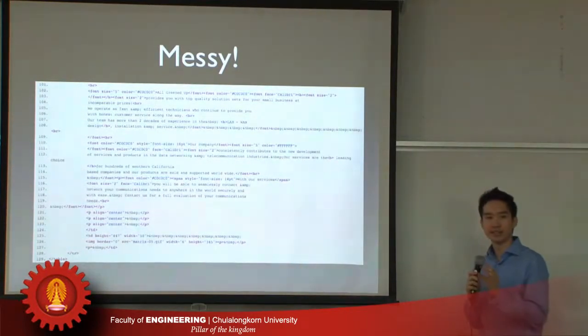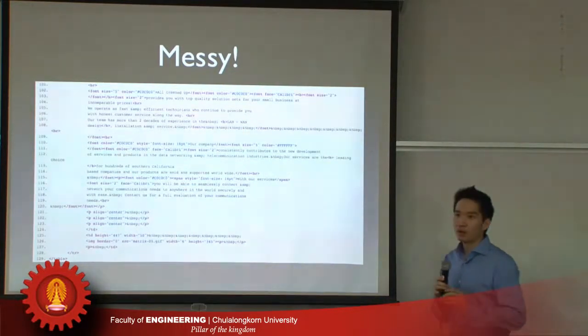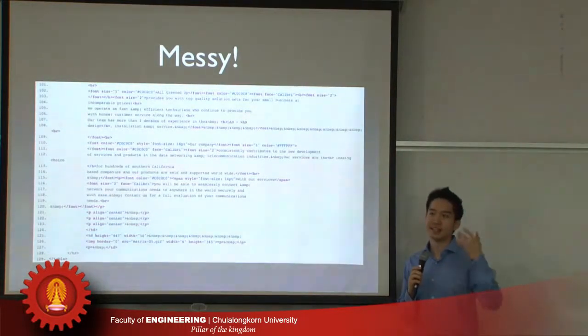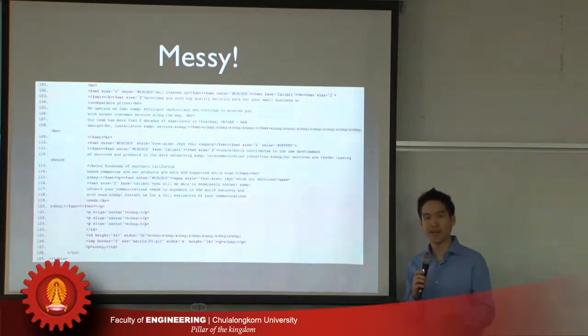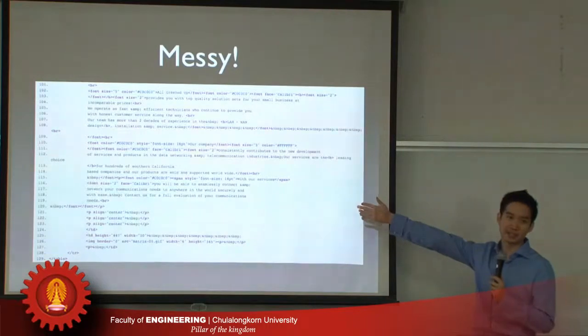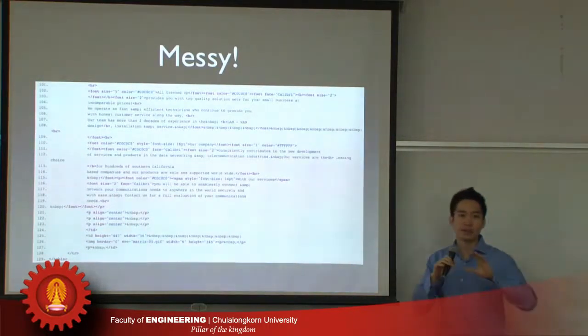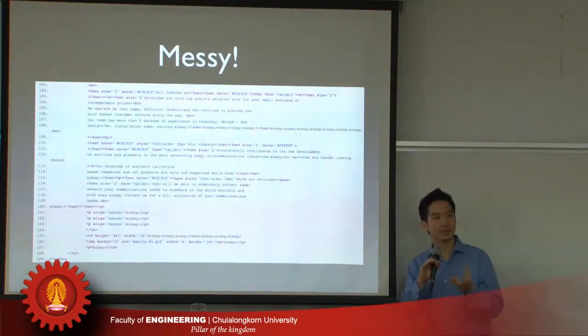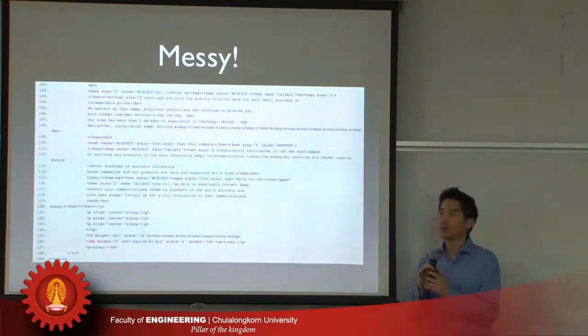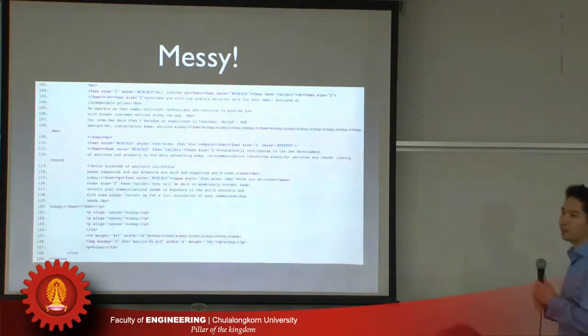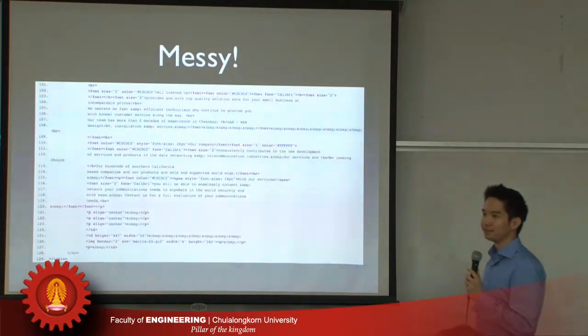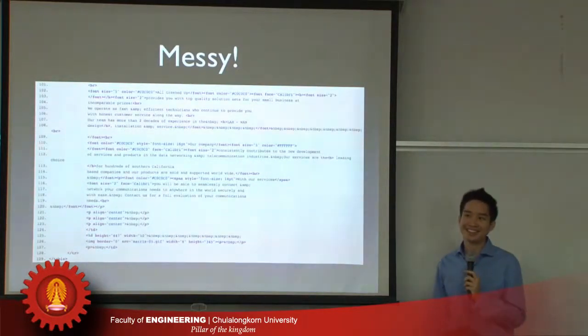The point that I'm trying to get at is, once you become careless, taking the easy route and just applying a bunch of styling to your tags, you can end up with code that looks like this, where you have your content mixed with your style, right? So software developers, we are very easily confused, right?